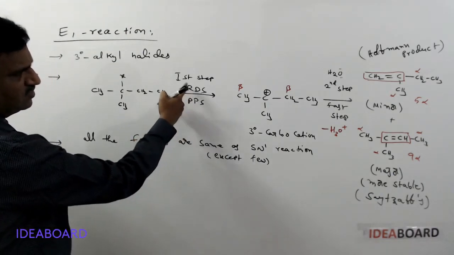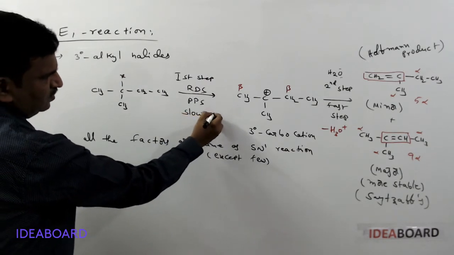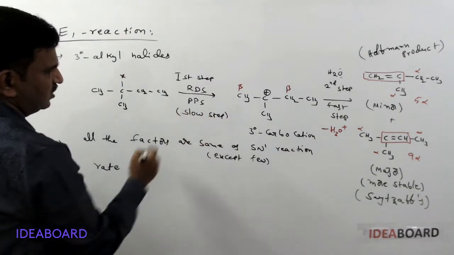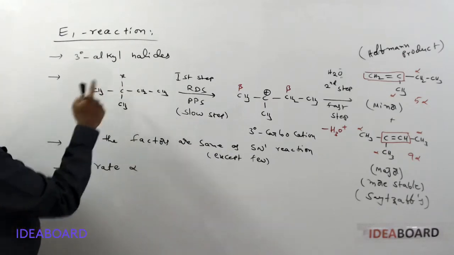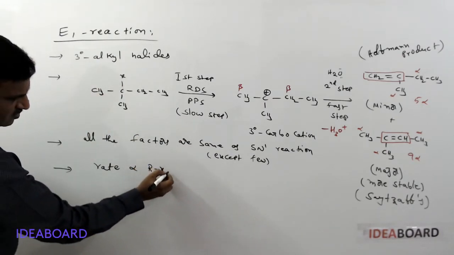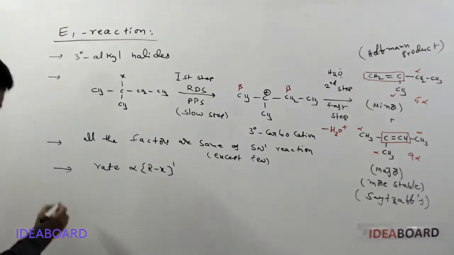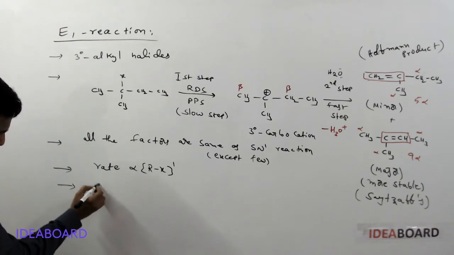This is the rate determining step, or first step, also called the slow step. In the rate determining step only one alkyl halide participates, so the rate of reaction depends on the concentration of only one alkyl halide. So what is the order and molecularity?